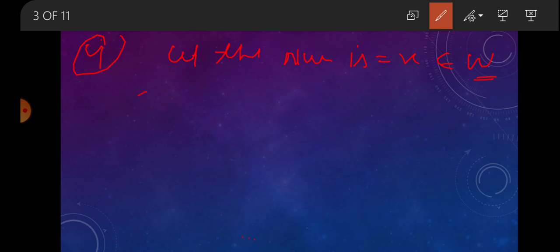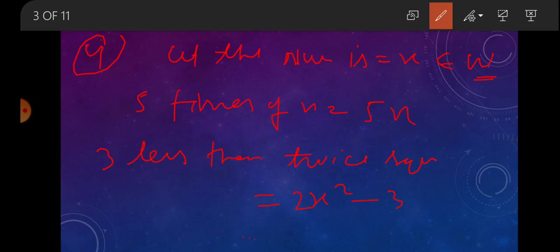So 5 times of x is 5x, and it is 3 less than twice the square of the number. So first we square it, so it becomes x square, we take its twice and subtract 3 from it.